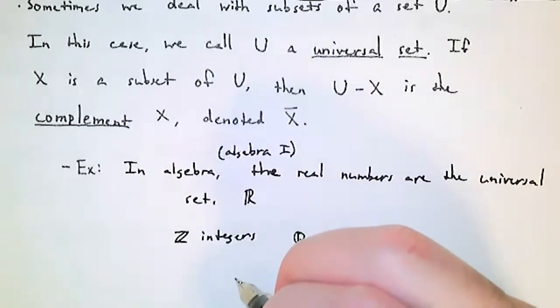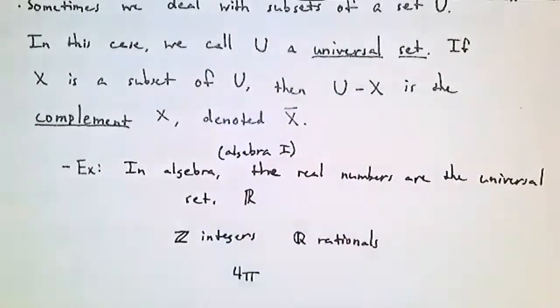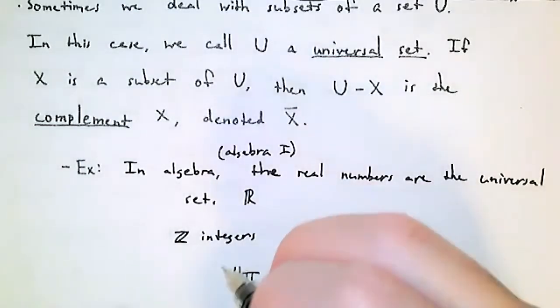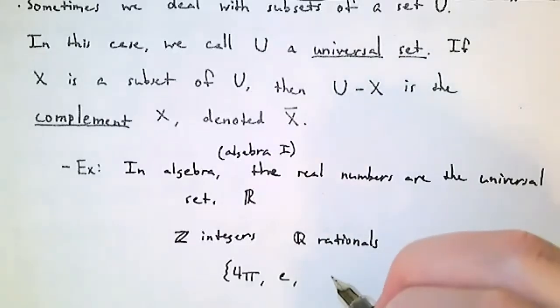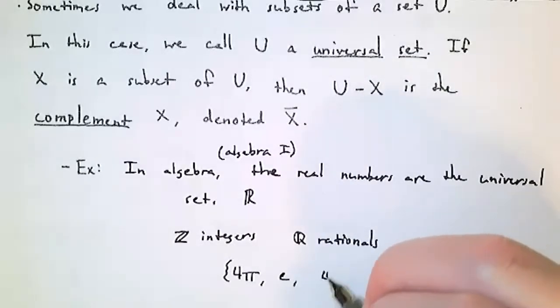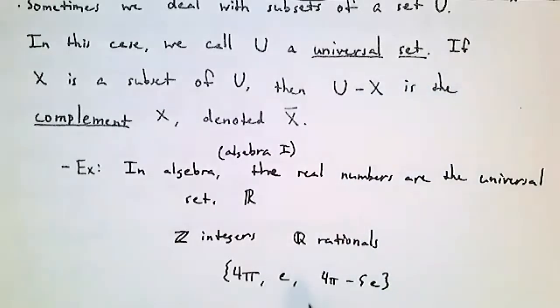Maybe you have a circle with radius 2, so you look at something like 4 pi if you wanted to find its area. And maybe your set has some other weird numbers in it, like e, or 4 pi minus 5e. Right, these are all real numbers, and they're subsets of R, the reals.